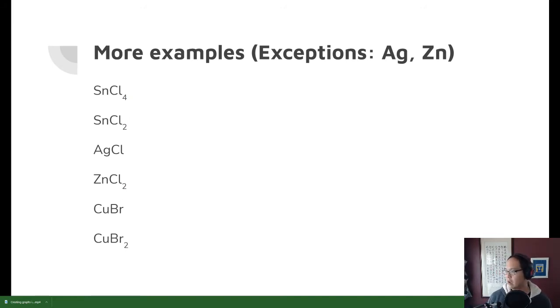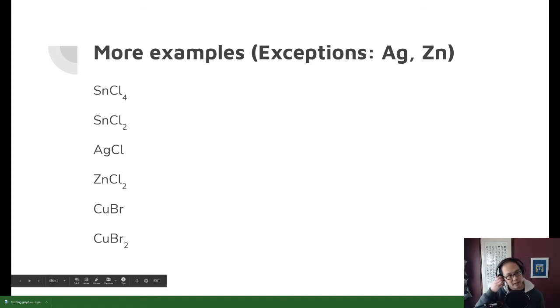The nice thing about transition metals is you don't even have to look at the periodic table, so don't pull it up. Sn is tin. Ag is silver. Zn is zinc. Cu is copper. You should be able to figure out what the charges are and then write the correct Roman numerals when you're naming these compounds. I'll give you a couple minutes to do that.